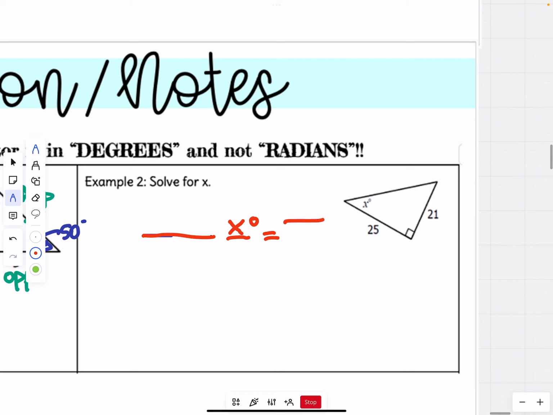Now, with this diagram, we know the opposite side and we know the adjacent side. So, which trig function uses opposite and adjacent? Opposite and adjacent, that's going to be tangent. Tangent of x degrees is going to be opposite over adjacent. So in this case, it'll be 21 over 25.